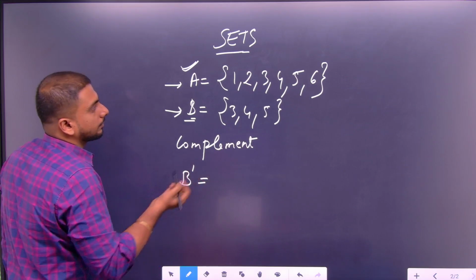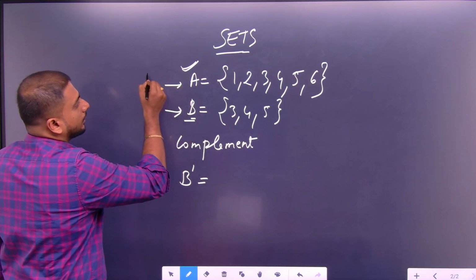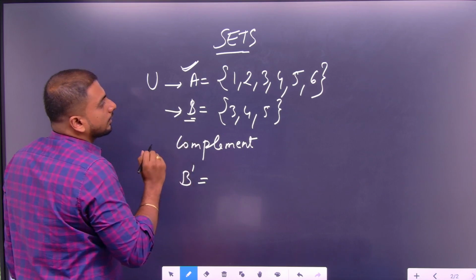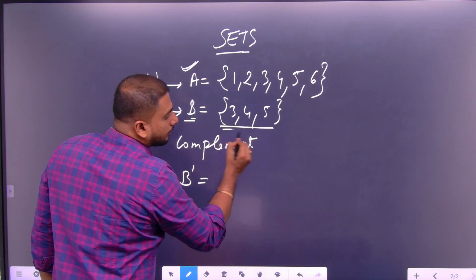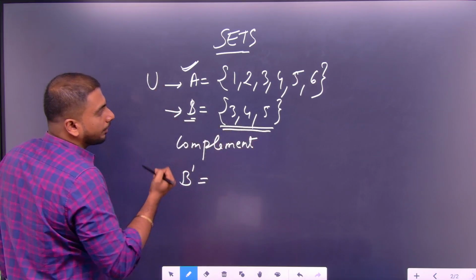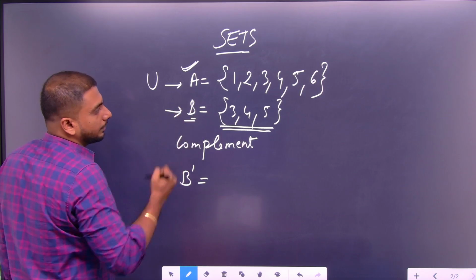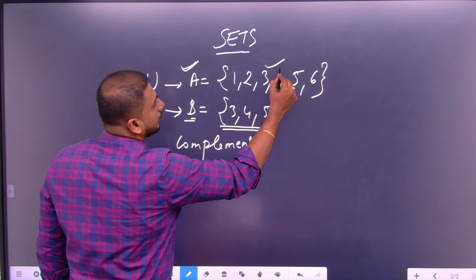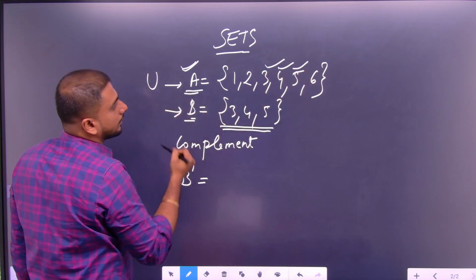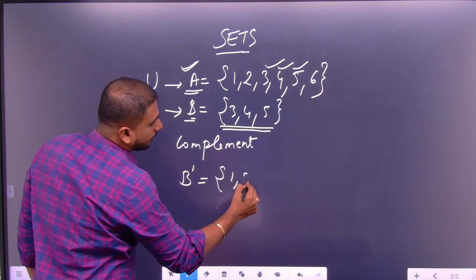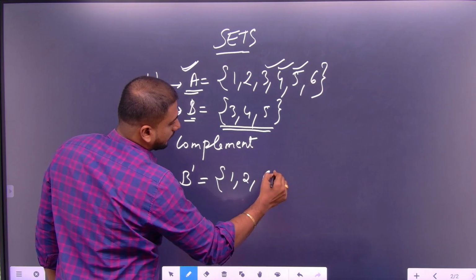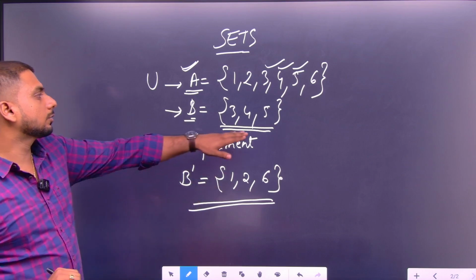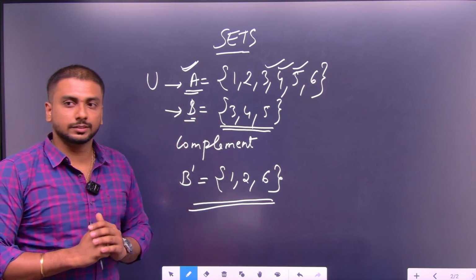What this means is, if A is considered to be a universal set and B is one of the subsets of A, the elements except the elements of B will become the complement of the set B. That is, you have to eliminate the elements of B, that is 3, 4 and 5, from the universal set. That becomes your 1, 2 and 6. So B complement will be the elements that are excluding the elements of B.